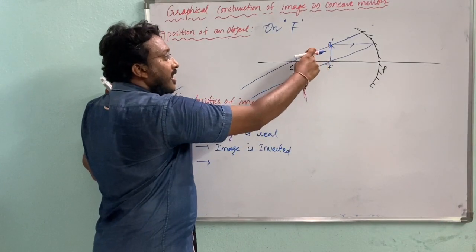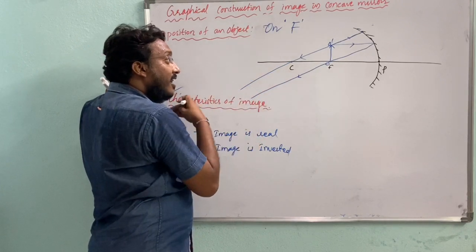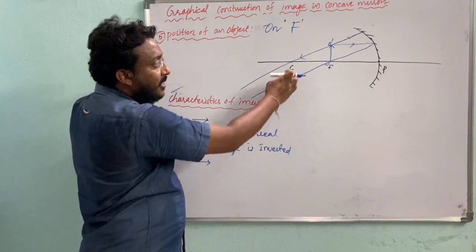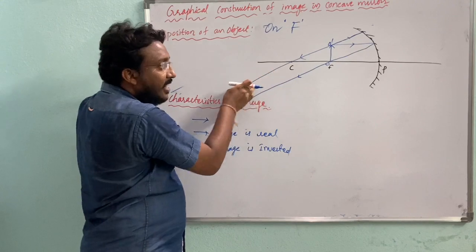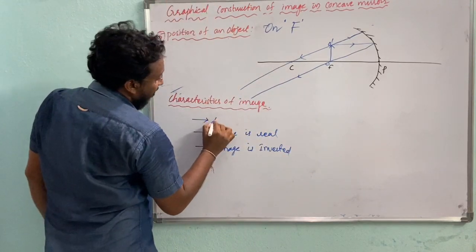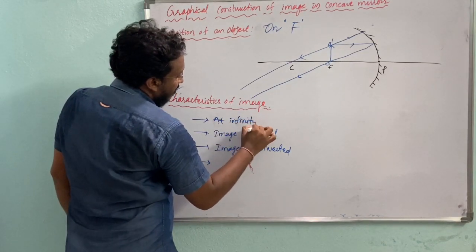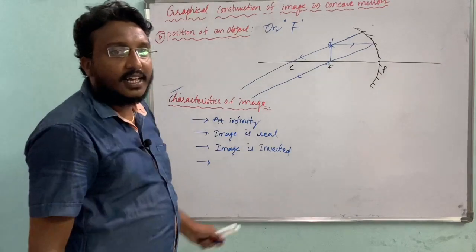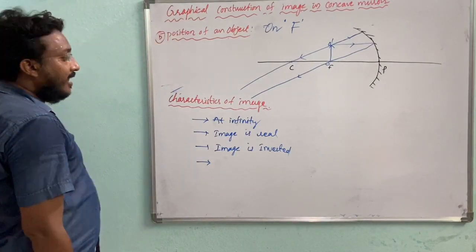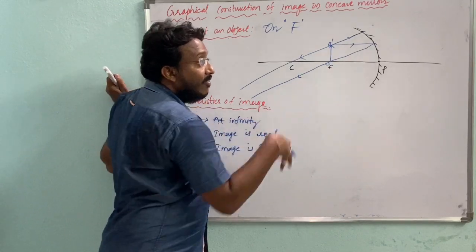Then in this way, these rays meet at infinity. Where do they meet? These rays will meet at infinity. Then the image is formed at infinity only. And does that image at infinity form in front of the mirror or not?